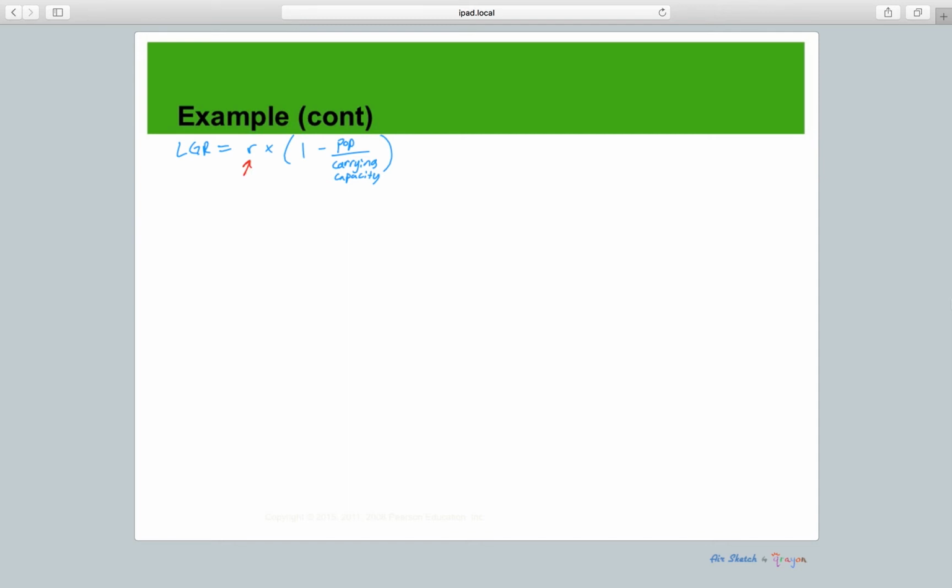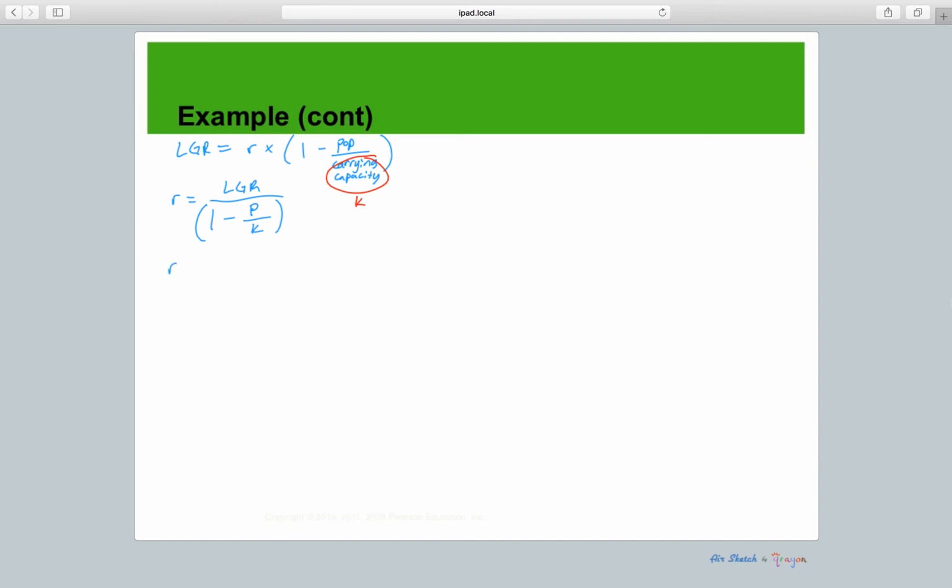And so what I'm going to do is isolate R by dividing over everything else. So R equals my logistic growth rate divided by 1 minus the population over the carrying capacity, K for short. So I'm going to come up with a base growth rate for 1960, using the values they give us from 1960.